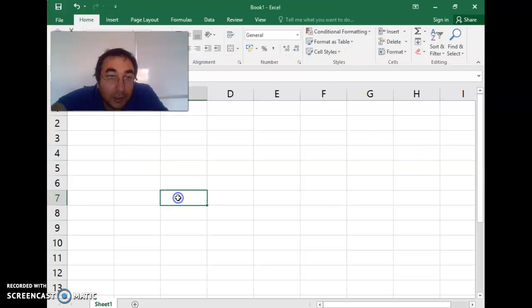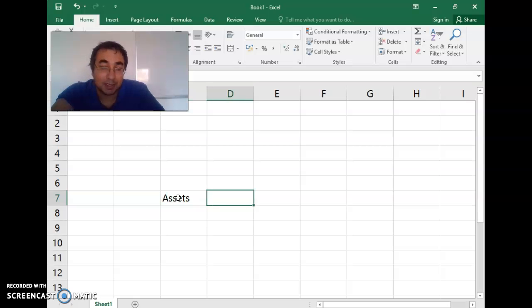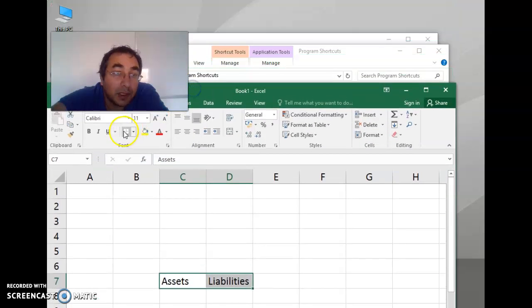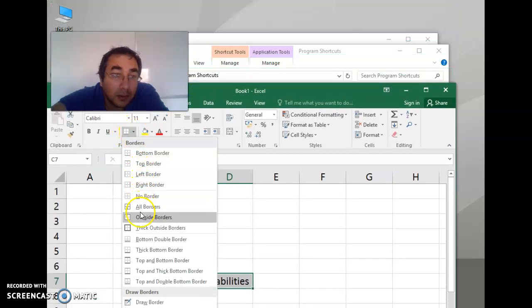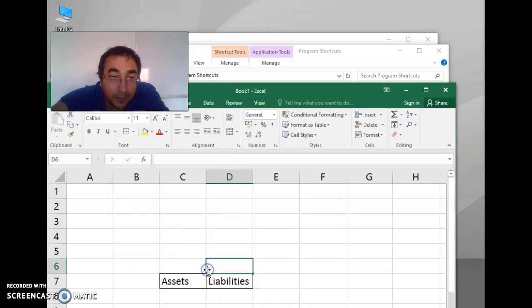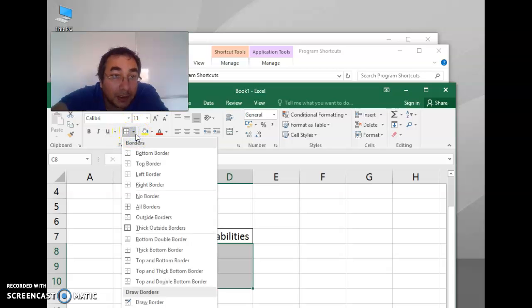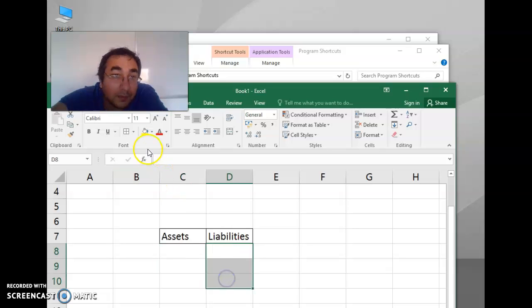Let me do that. Bank has assets, bank has liabilities.